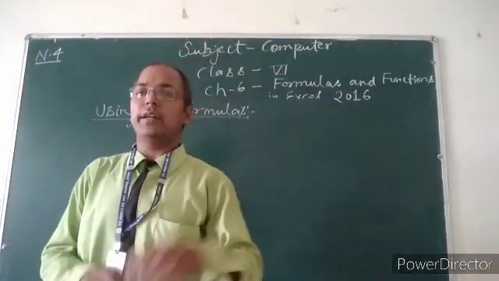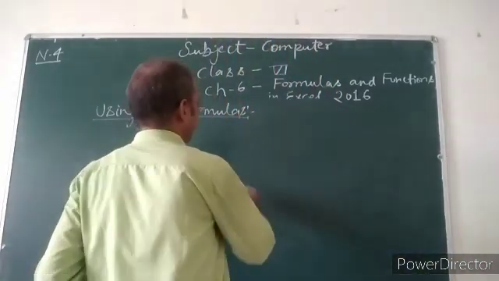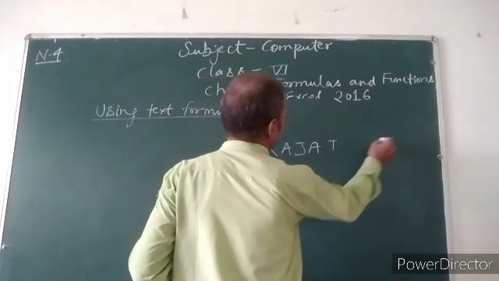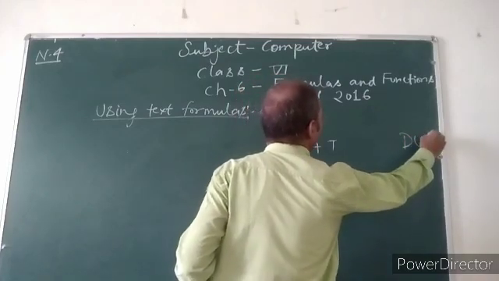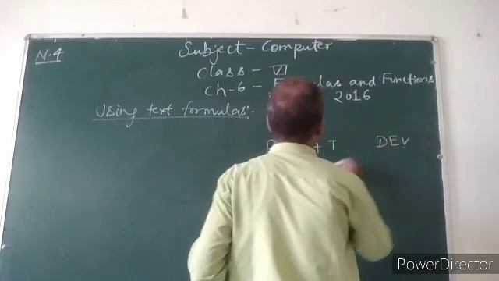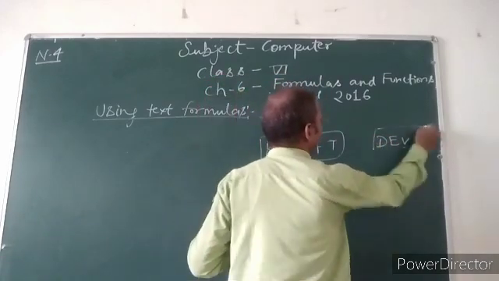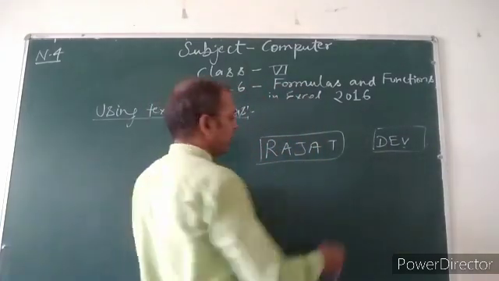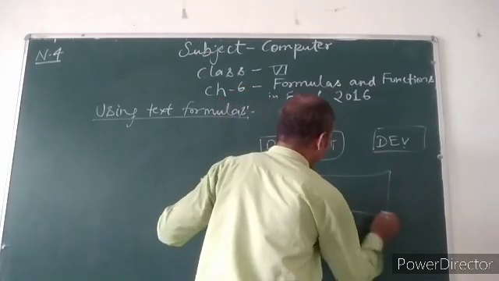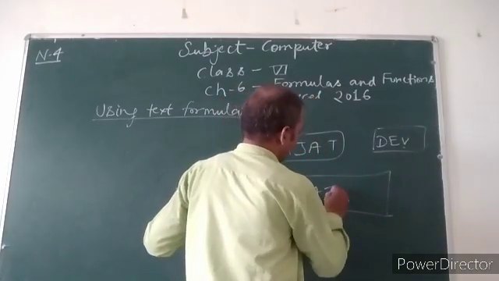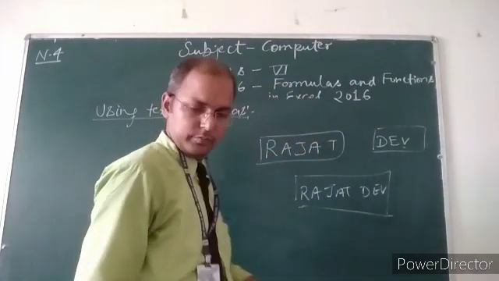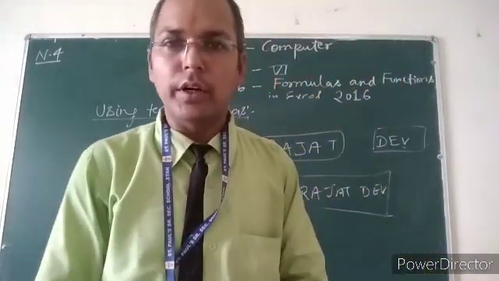Another example: suppose a person's name is Raja and the other is Dev. By the help of the text formula, both names will be in one cell as Rajat Dev.